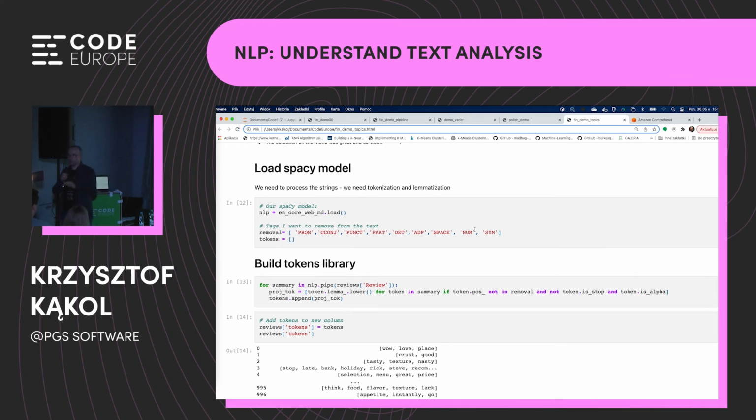You are probably not interested in determiners. They don't give you any information. You're not interested in punctuation. You're probably not interested in prepositions, in different types of words that don't give you enough information or don't impact in any way the topics that you want to detect.